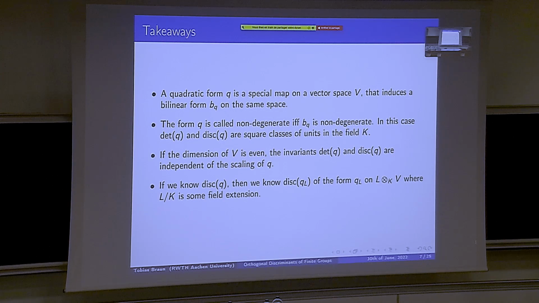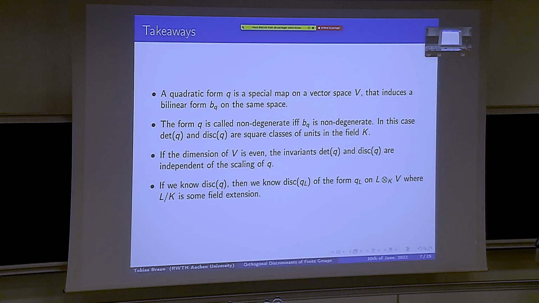In this case, we have these two invariants, and they are square classes of units in the field. Now, if the dimension is even, these invariants are independent of scaling. This is very important for later, for the definition of the orthogonal discriminant. And finally, if you know the discriminant of Q, then you know the discriminant of Q_L for any field extension, which we discussed before.